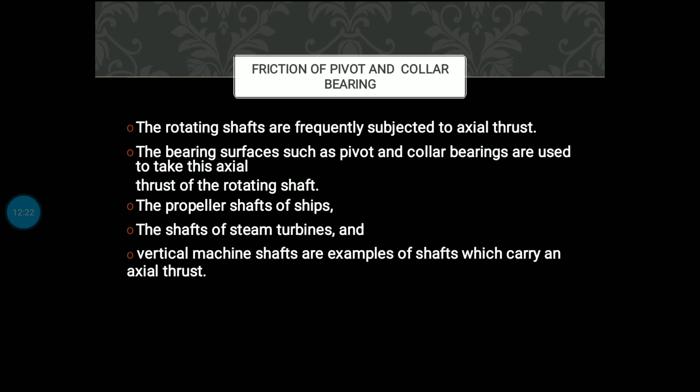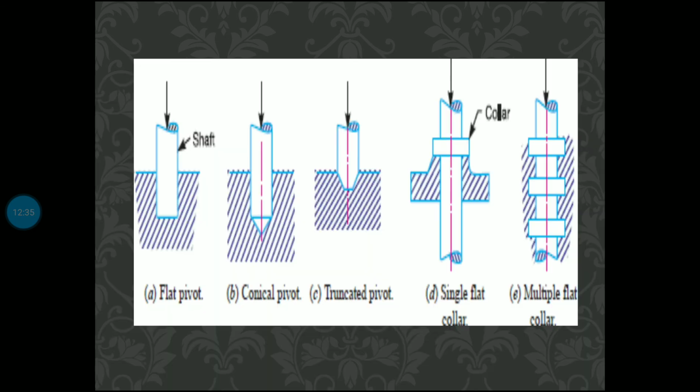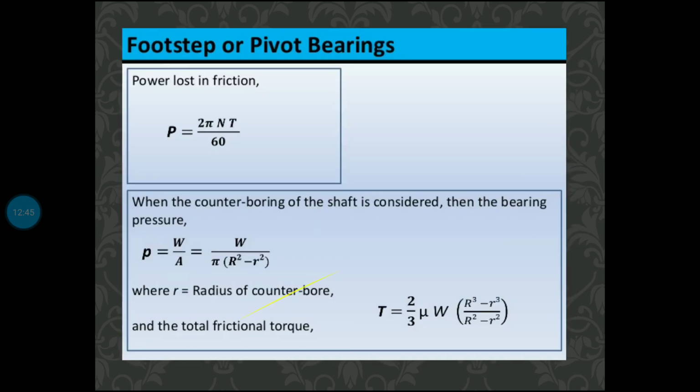Friction of pivot and collar bearing. The rotating shafts are frequently subjected to axial thrust, like the propeller shaft of ships and the shafts of steam turbines. This is the diagram of flat pivot, conical pivot, truncated pivot, single flat collar and multi-flat collar.